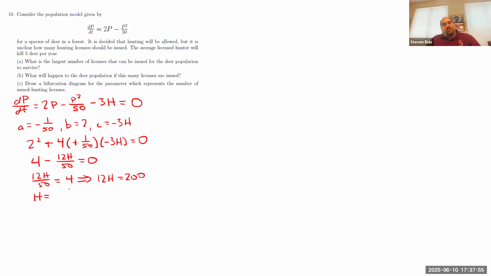H equals, I don't think that's divisible by 12. 200 divided by 12 is 16 2/3. So for now, we'll keep that number unrounded. All right, so this is the largest number of licenses that we can issue.